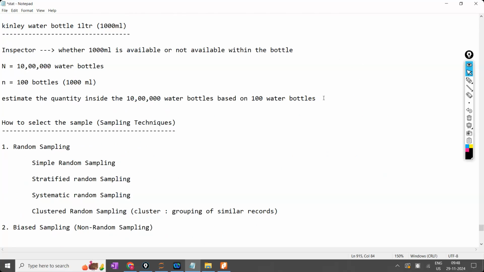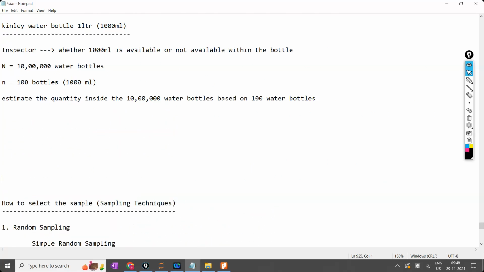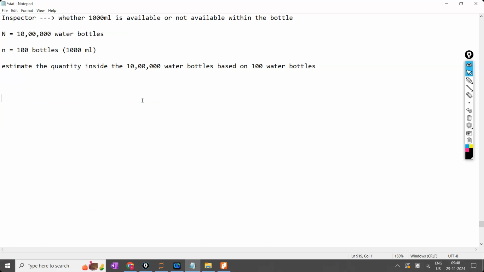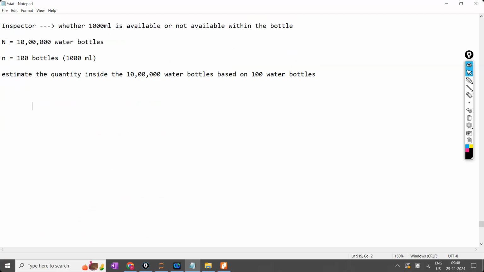Now he is going to inspect 100 bottles and measure them, right? For this example, the first step he is going to do is formulate the null and alternate hypothesis. Null hypothesis is given by H0. Alternate hypothesis is given by H1.